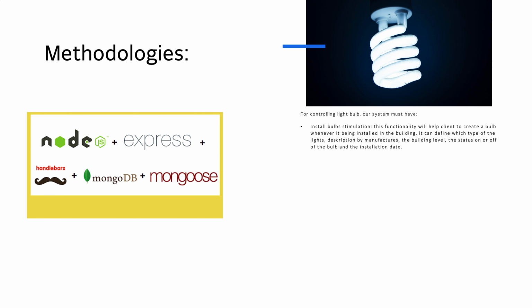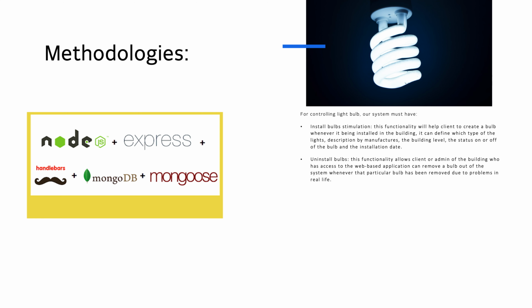This functionality will help client to create a bulb whenever it's being installed in the building, so it can define which type of light it is, description by the manufacturer, the building level of the light, the status on and off of the bulb, and the installation date.